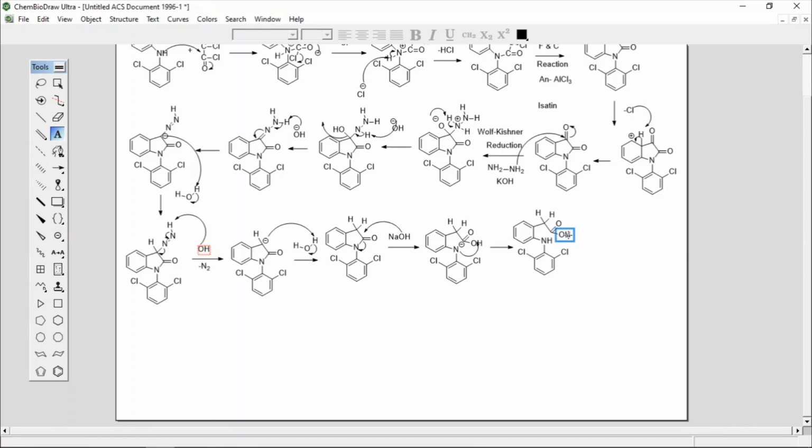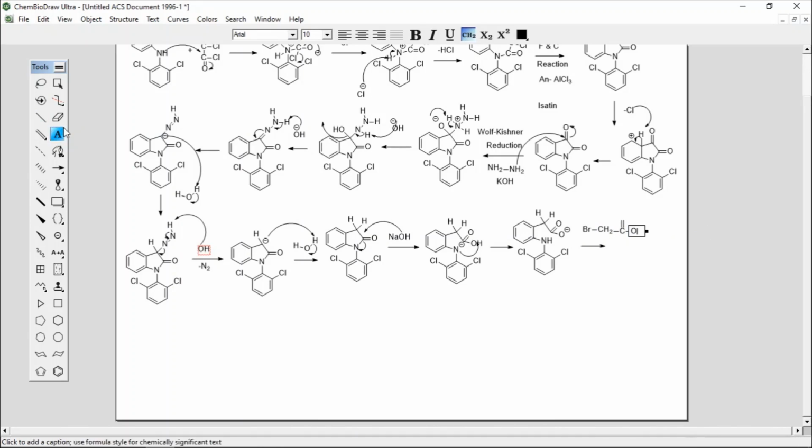Negative charge on Br, Br, then C double bond CH.